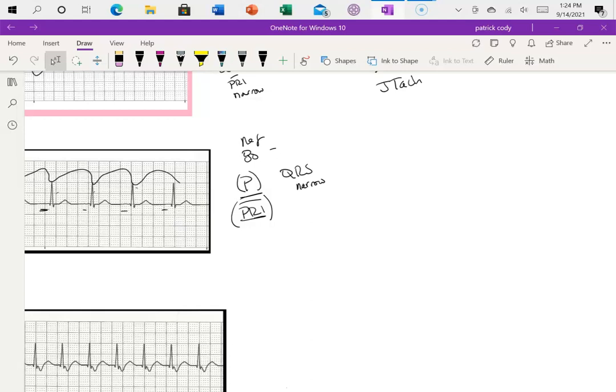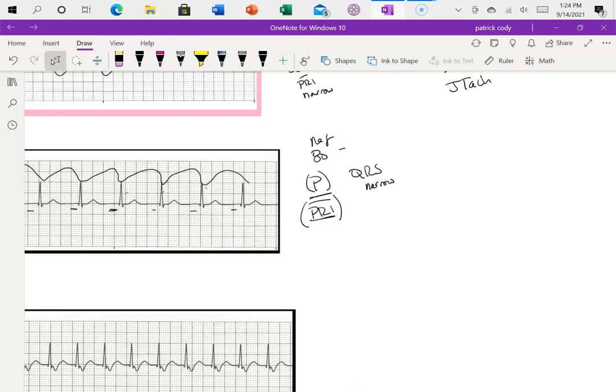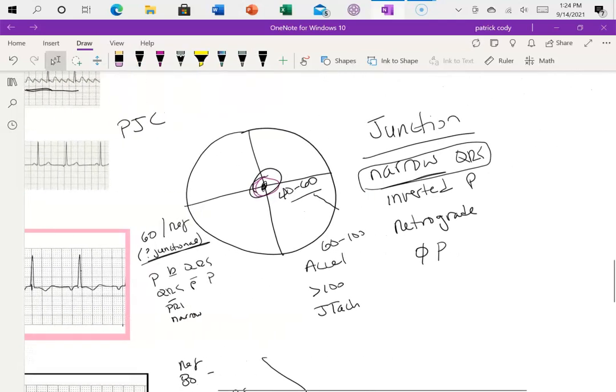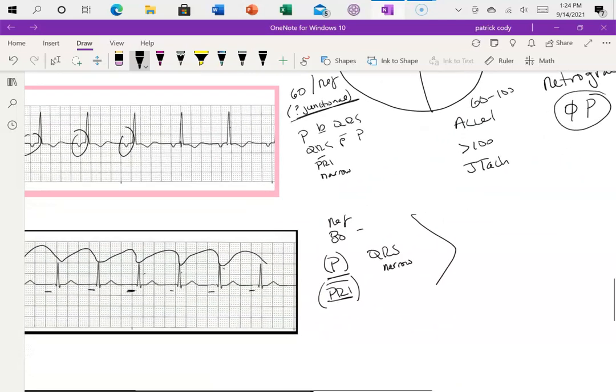Okay, we have a regular rate and rhythm with narrow complex QRSs, but no P waves and no PRI. So remember a minute ago I told you up here that with regards to the junction, you typically have a narrow QRS, but sometimes you don't have any P waves because they're getting buried within that QRS complex.